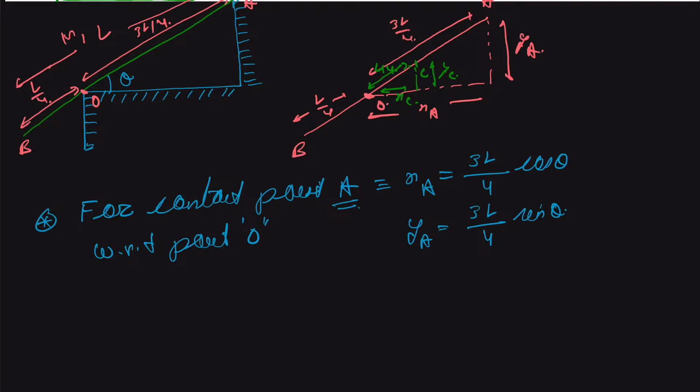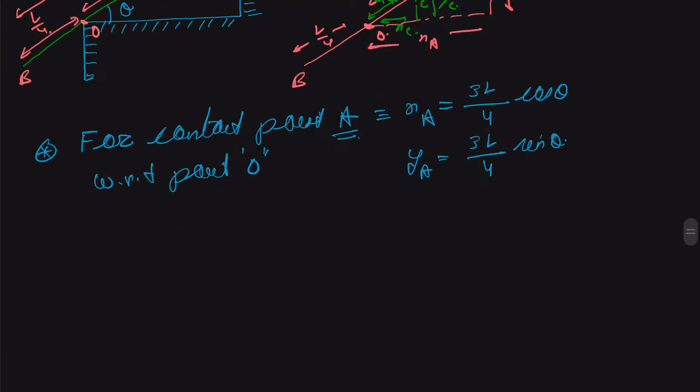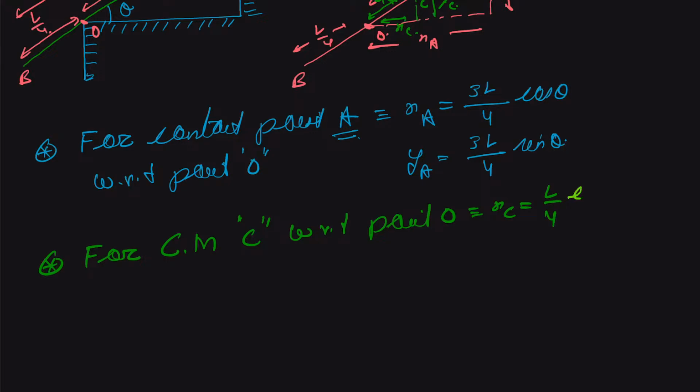Therefore, for center of mass C with respect to point O, X of C is equal to L by 4 cos of theta, and Y of C is equal to L by 4 sin of theta.